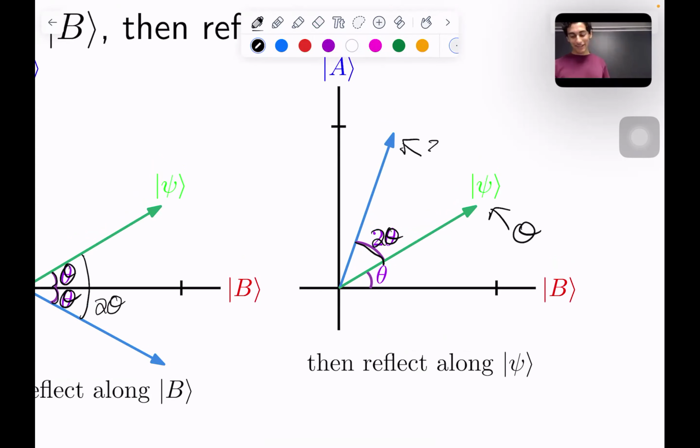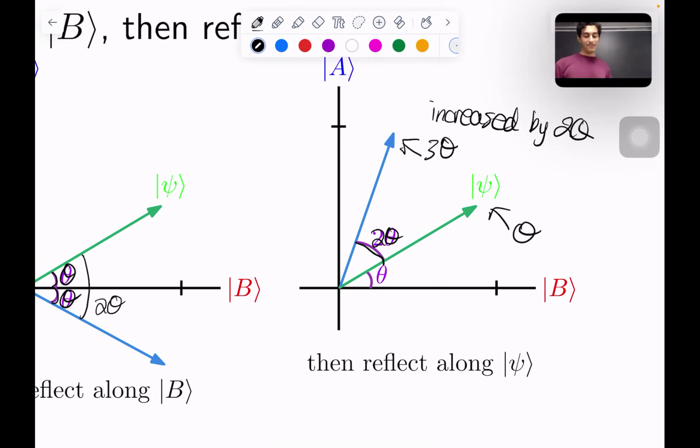The angle of the new vector is 3 theta. So we increase by 2 theta with those two reflections. Those two reflections are literally what we do in the algorithm. We just reflect around B and then we reflect around psi.